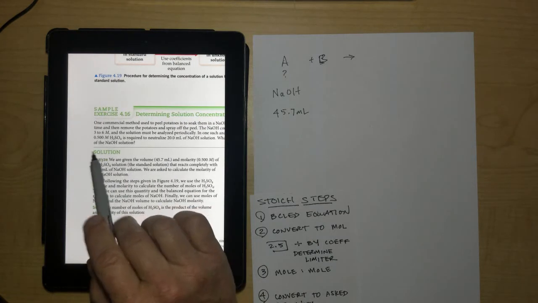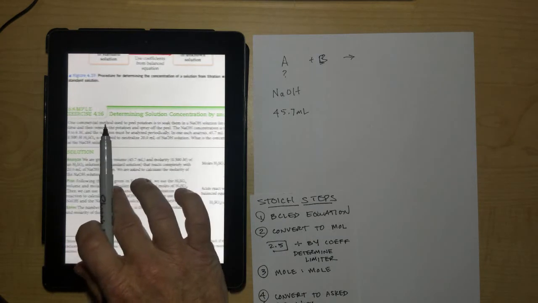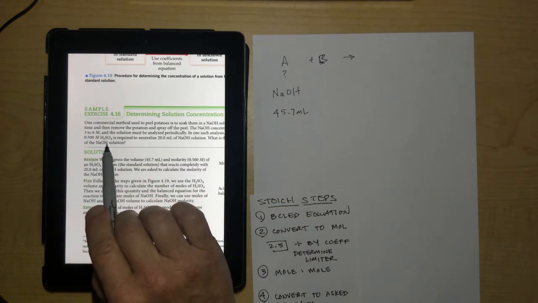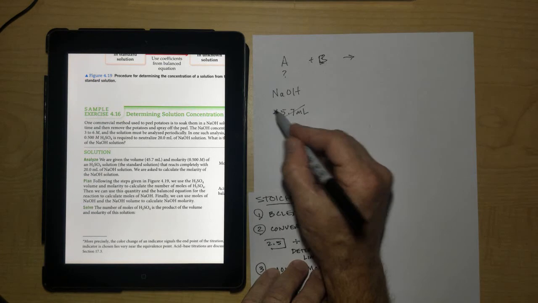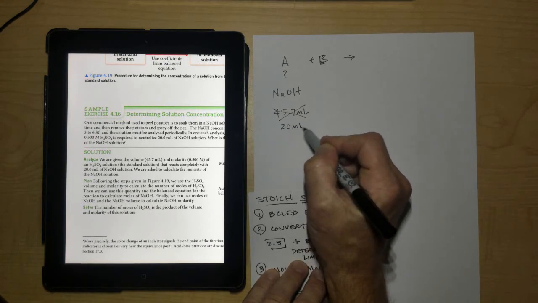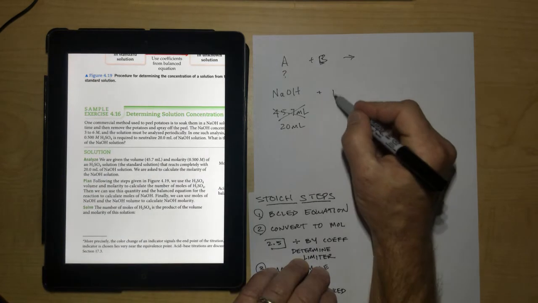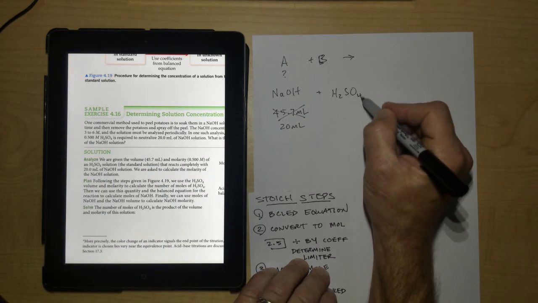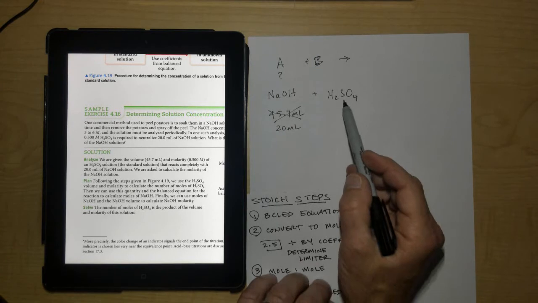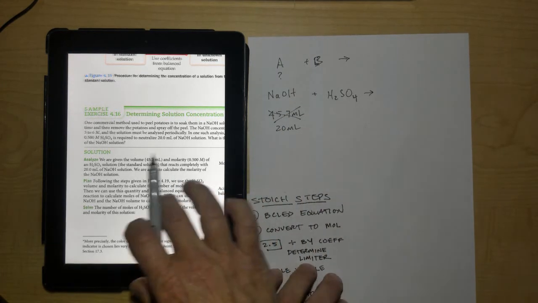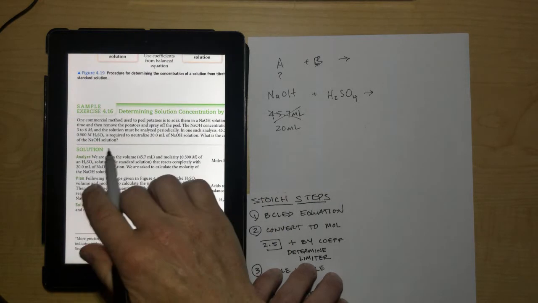In one such analysis, 45.7 milliliters of 0.5 molar H2SO4 is required to neutralize 20 milliliters of the NaOH. So we're going to take H2SO4 and titrate or neutralize the NaOH with that. What is the concentration of the NaOH solution?